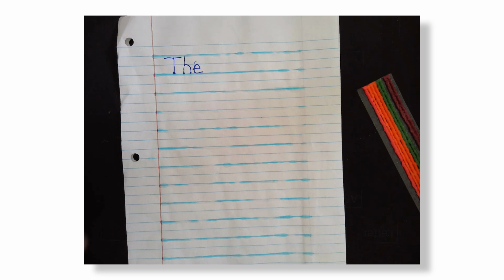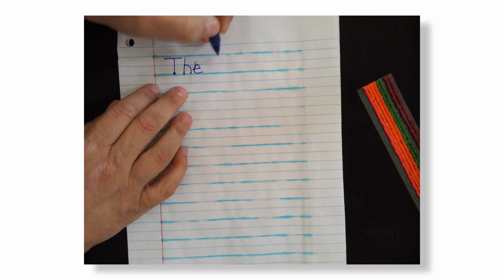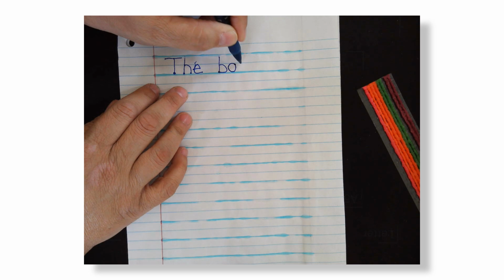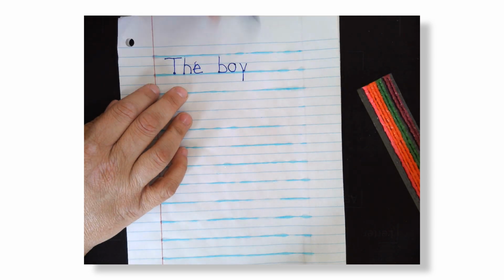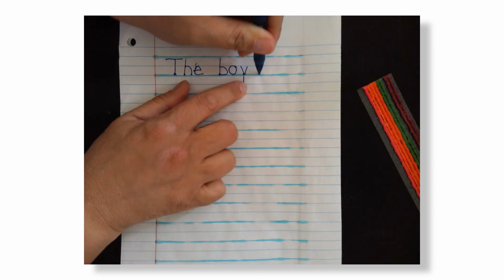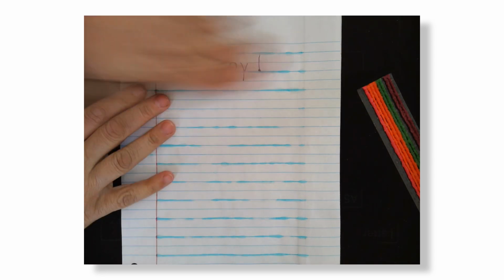What this does is give a harder stop. You can't go under it unless you pick up your pen to go underneath. You really can't do it. And that's a nice way.